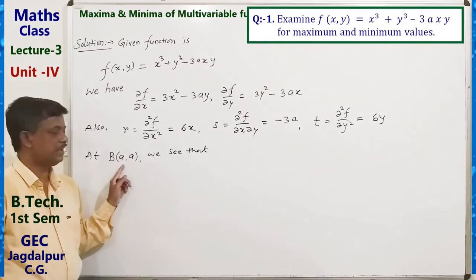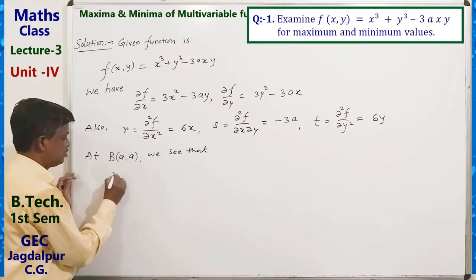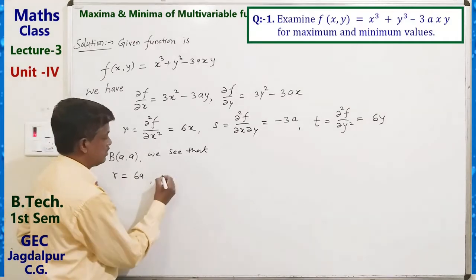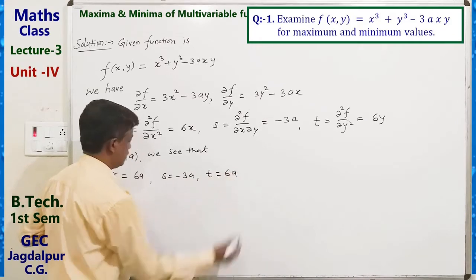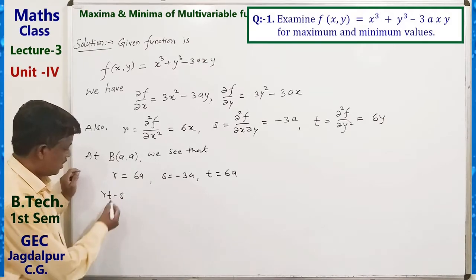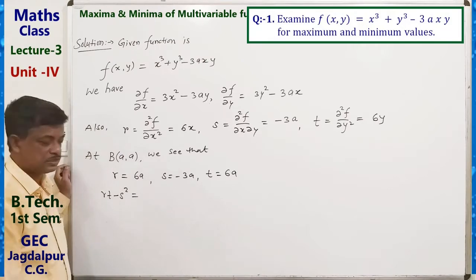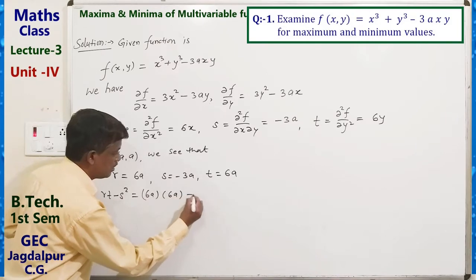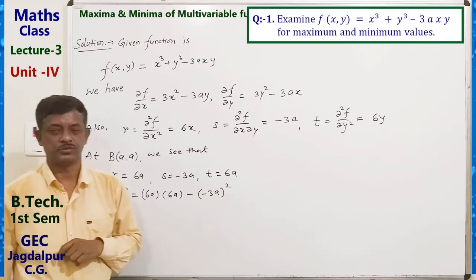Now for the second point, point B, x equals a, we see that r equals 6 into a, s equals minus 3a, t equals 6a. And rt minus s square is 6a into 6a minus 3a whole square.